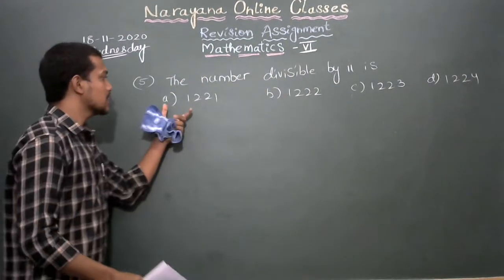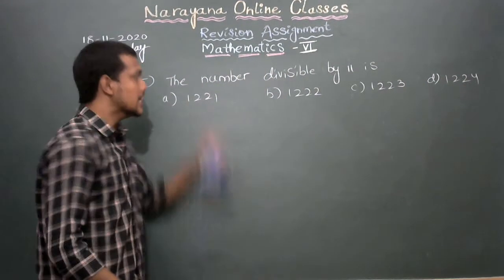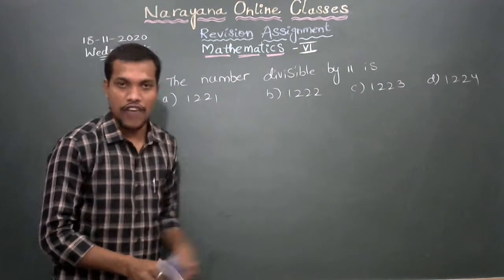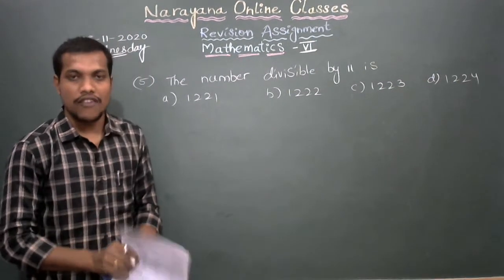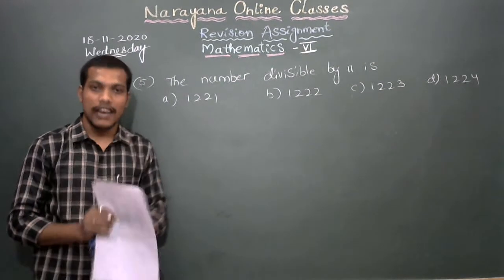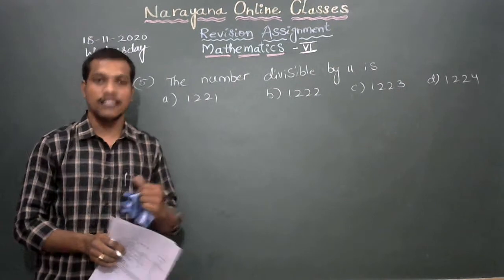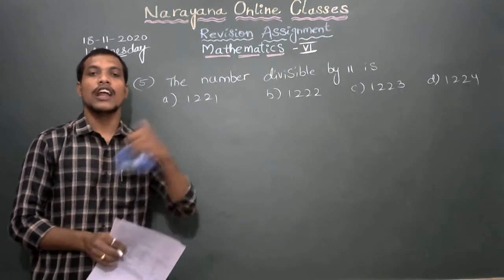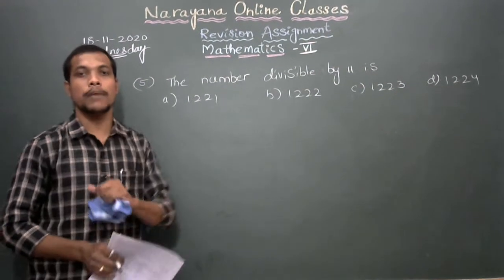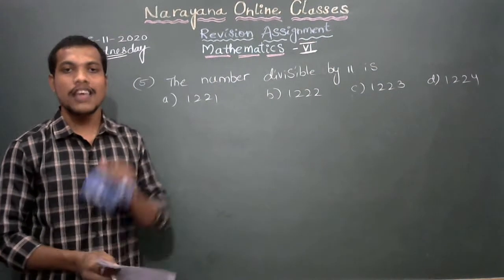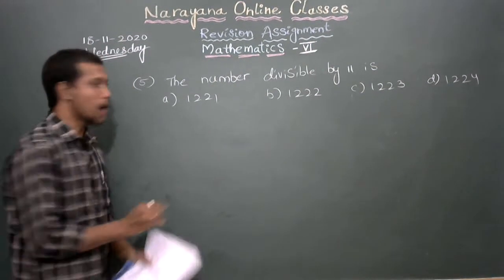So here 4 options are given. In these 4 options, which number is divisible by 11? What is the condition for 11? First you need to separate the even places and odd places, and then subtract the highest value minus the least value. If the difference is divisible by 11, the complete number is also divisible by 11. Now verify each and every option.